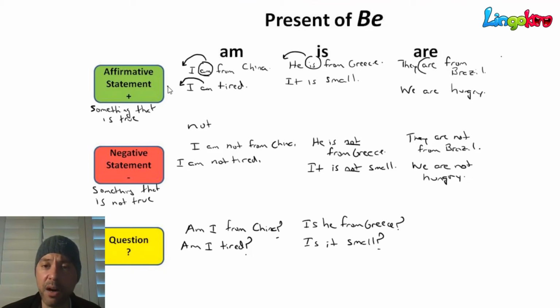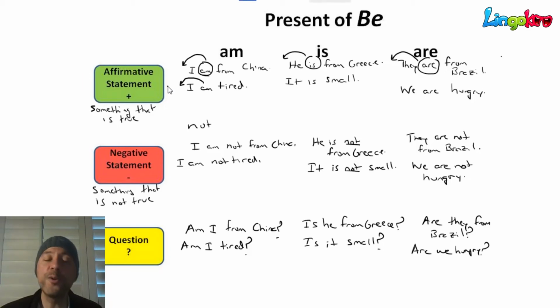I will take the are form of the be verb, put it in the beginning, and I will say, are they from Brazil? Or, are we hungry? So you've learned how to make affirmative statements, negative statements, and questions using the present of be. Let's now practice a couple of examples.